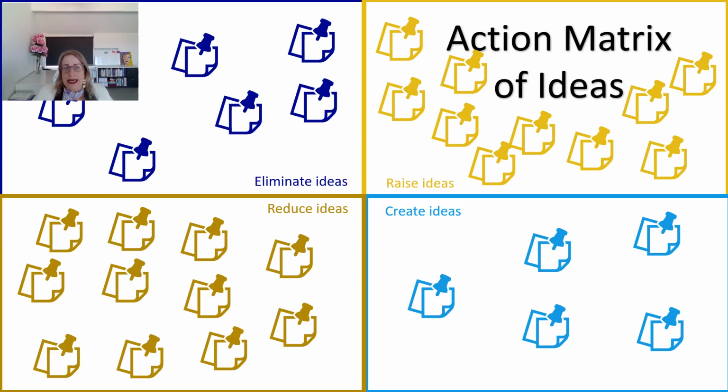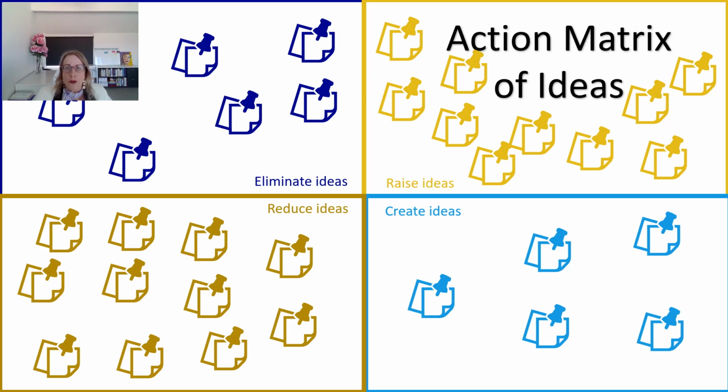So with our action matrix of ideas, it will look something like this when it's complete, whether it's on a virtual storm board, a Teams board, an Excel chart, or on huge pieces of paper, cardboard, etc. In my experience, we have fewer ideas in elimination and creation. As I mentioned, they're the two areas that tend to challenge teams.